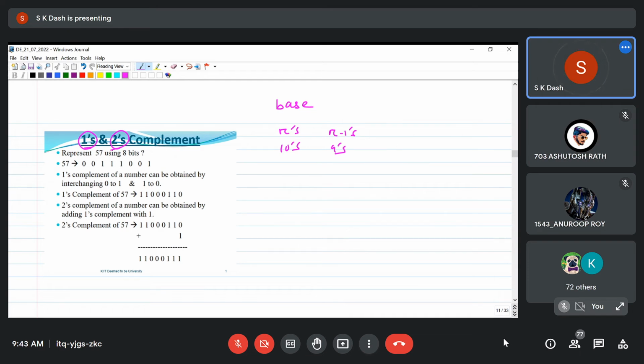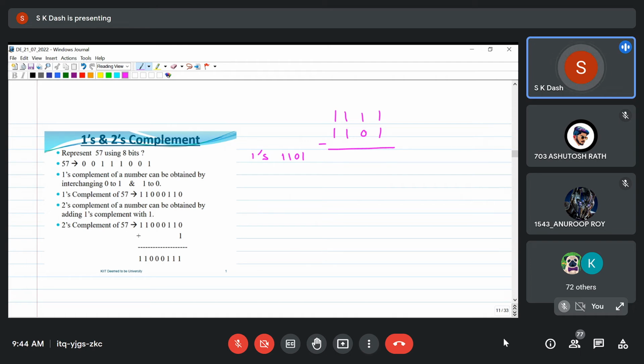Okay, now tell me any 4-bit binary number. Any example of 4-bit binary? 1101. So first thing, we will find out the ones complement of this 1101. Any binary number's ones complement we can find out by subtracting it from all ones.